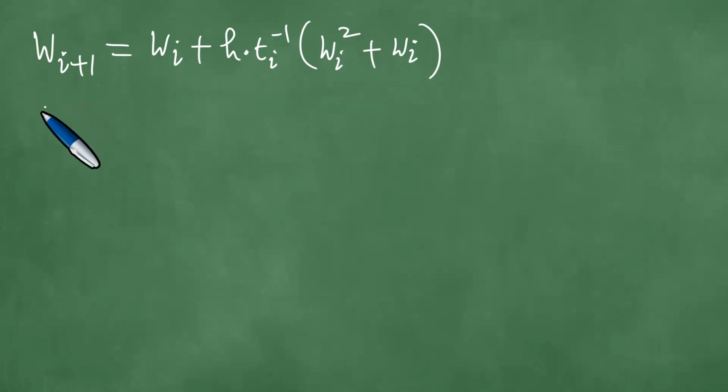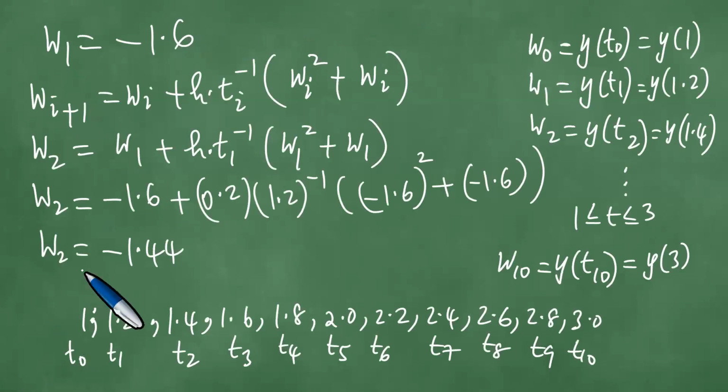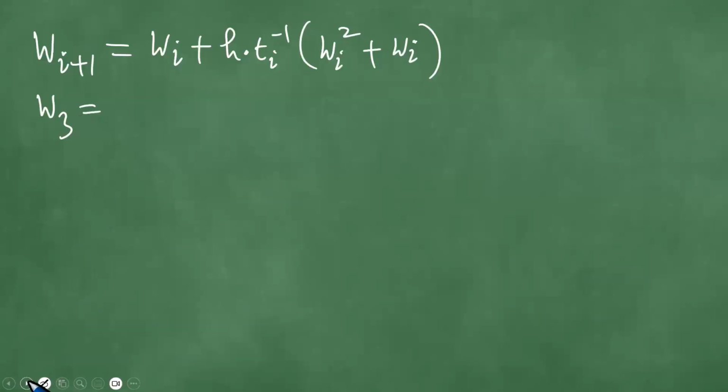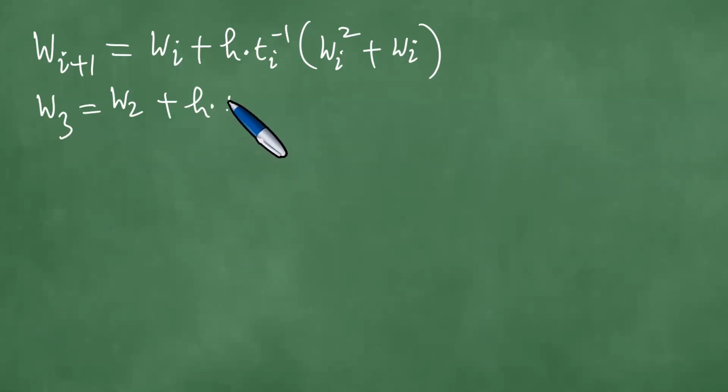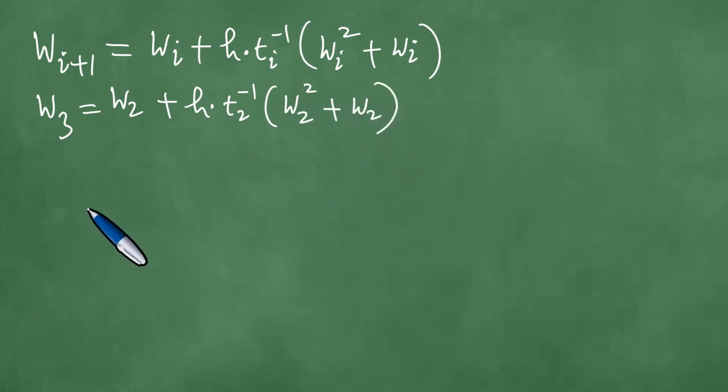Okay, let's do W3. I wanted to do just one more because we did W2 here. What is W3? When i is 2, W2 plus H, excuse me. So this one is going to be T2, W2.